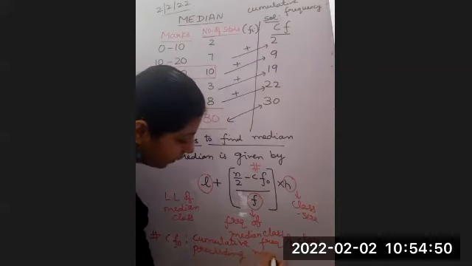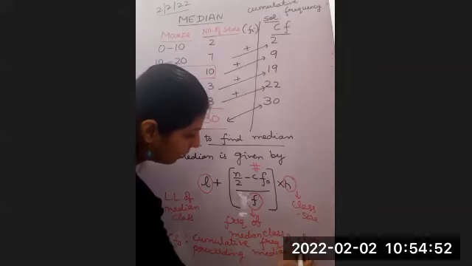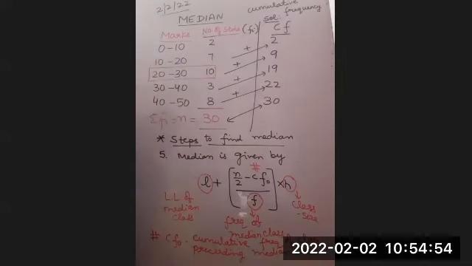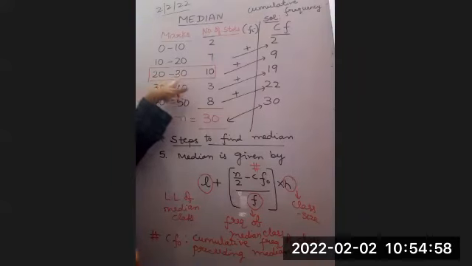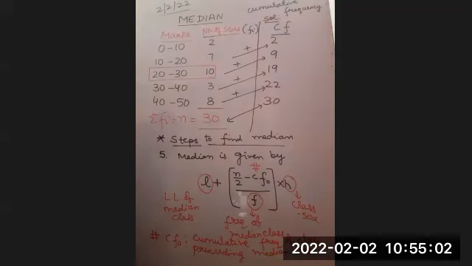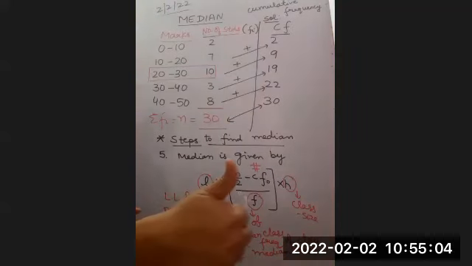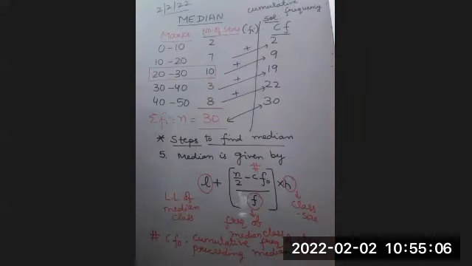So this naught will help us remember that it is of the previous class. And again, median must lie in the median class. It cannot be less than 20. It cannot be greater than 30. Please note it down.